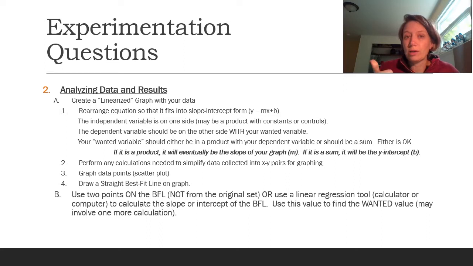Your calculator does this automatically for you. Google Sheets does it automatically for you. If you took freshman physics this most recent year, we went through that a lot, where it made the equation. That's called a linear regression, and it's a tool to let you figure out these values really quickly. So once you have created this best fit line, you're able to use the values from that slope intercept form to actually get your wanted value.